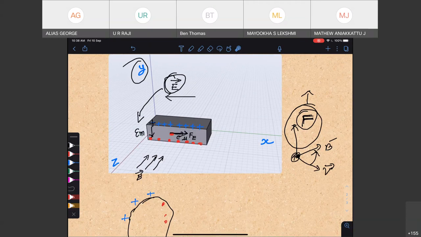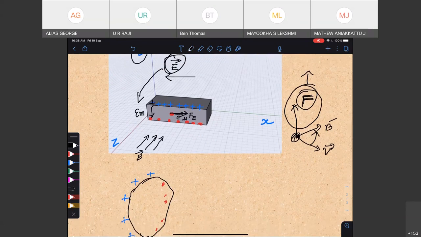So now there is velocity, and the magnetic field can affect this particle. As a result, all these electrons will be pushed down and located at the bottom of this conductor. So there is a charge separation, and positive charge appears on the top. When there is a charge separation, you can see an induced electric field.